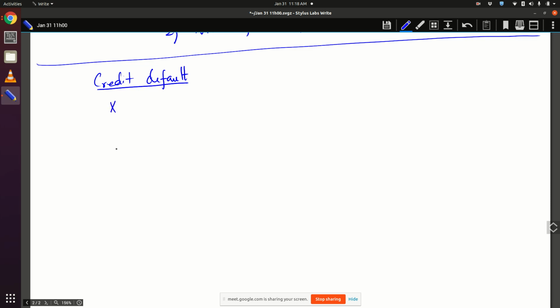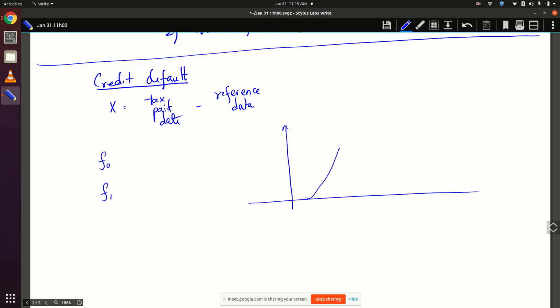And the feature that we looked at was Xi, which is basically tax paid date minus reference date. Then we assumed that the class conditional densities F0 and F1 had very distinct shapes like this, and then we did the Bayes classifier with all these assumptions.